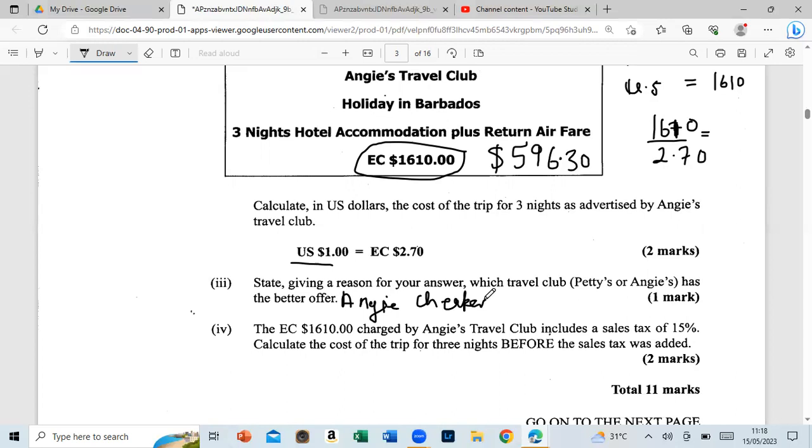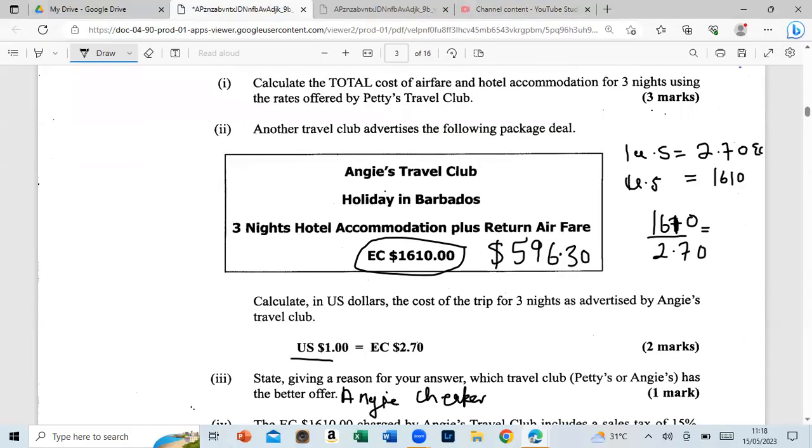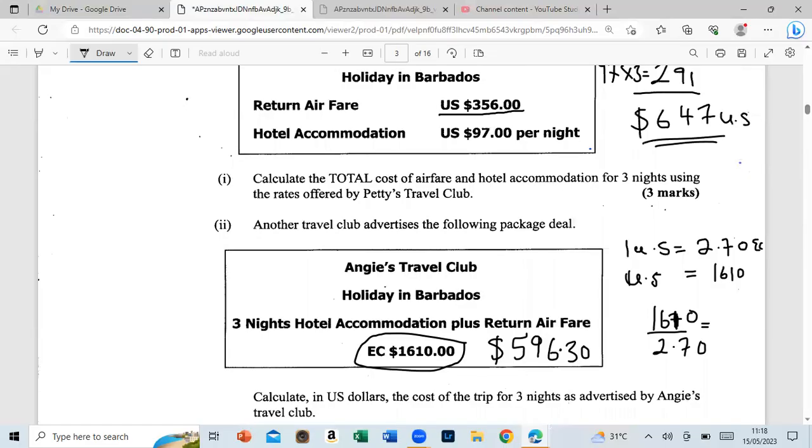So let's go. So it would have been 596 versus 647. So let us punch it. 647 minus 596.30.